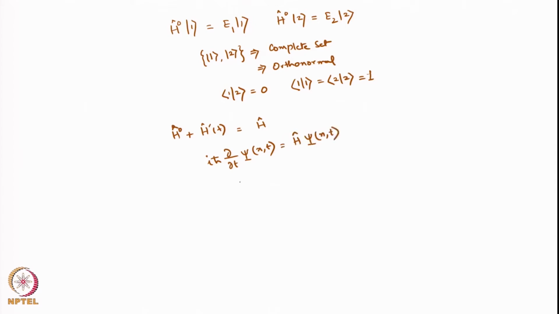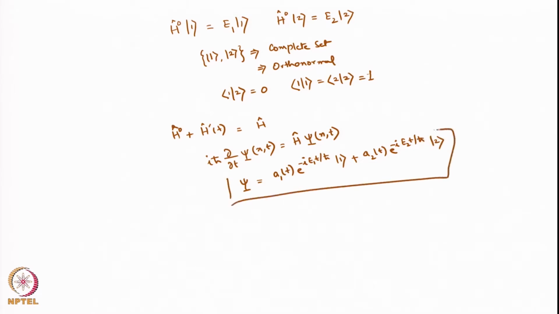In this case the psi is a superposition state, one can think of. Psi is equal to A1 of t e to the power of minus i E1 t by h bar times state 1, plus A2 of t e to the power of minus i E2 t by h bar times state 2. So, this is the wave function psi.